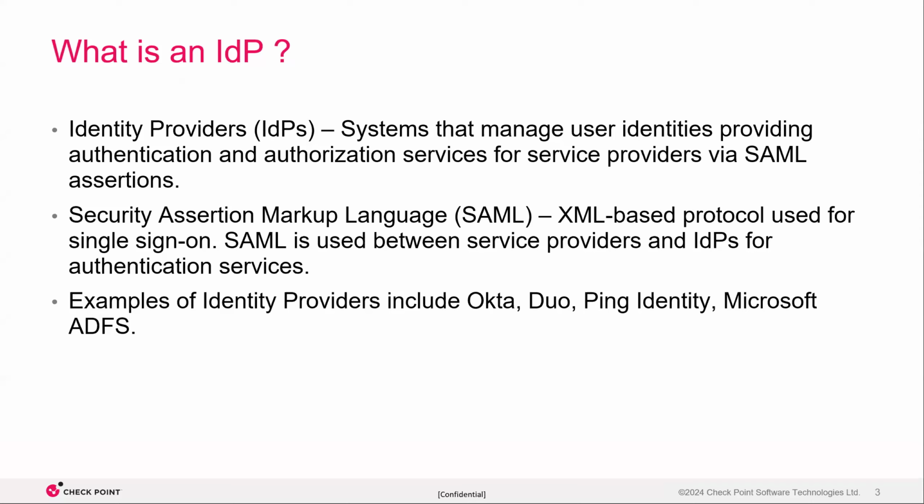Within that, you will see things such as the requesting service, and certificate signatures for the identity provider. Between the identity provider and the cloud service you're using, you can have some encryption keys.